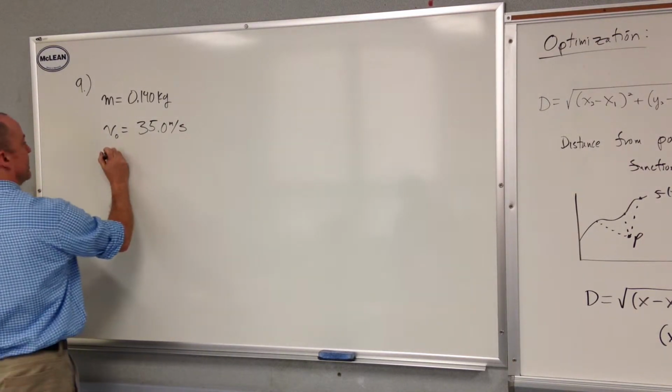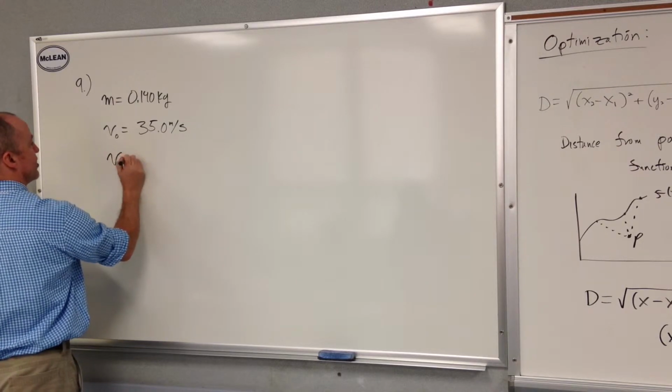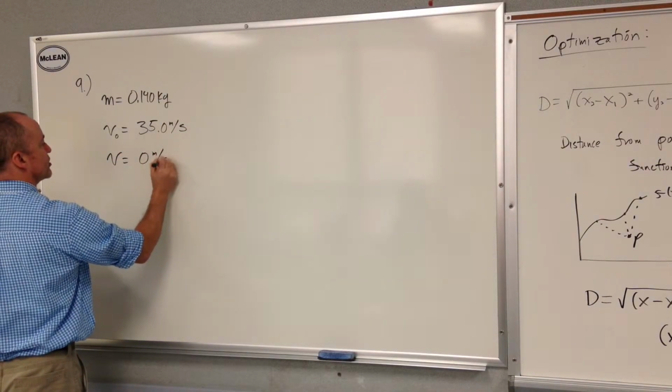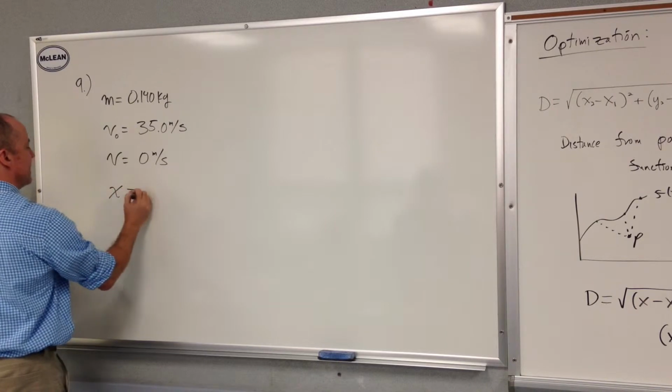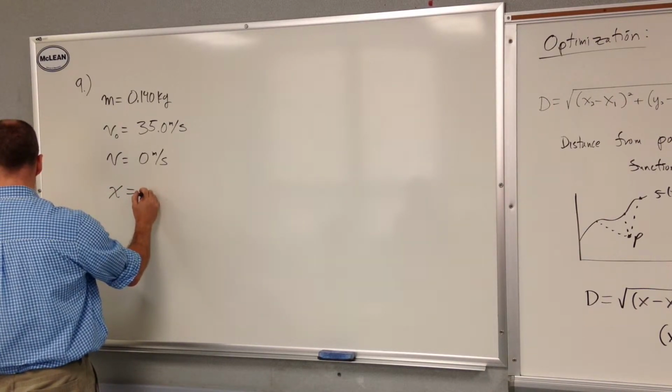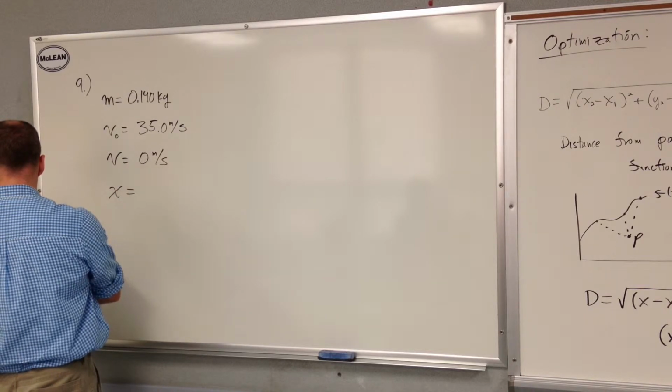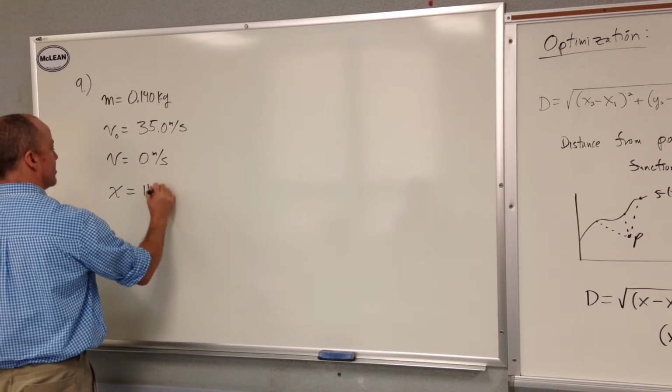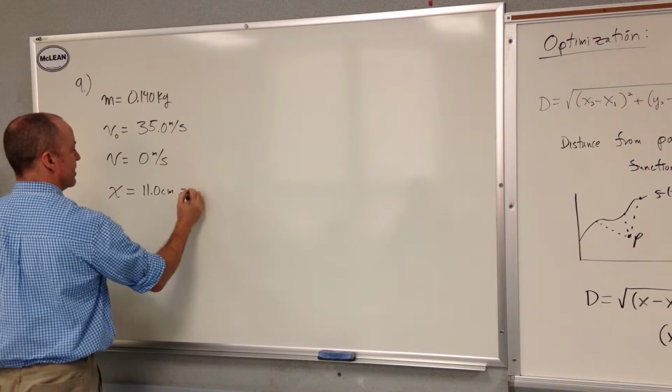Now the catcher's mitt brings the ball down to a final velocity of 0 meters per second, and it takes 11.0 centimeters to do so.